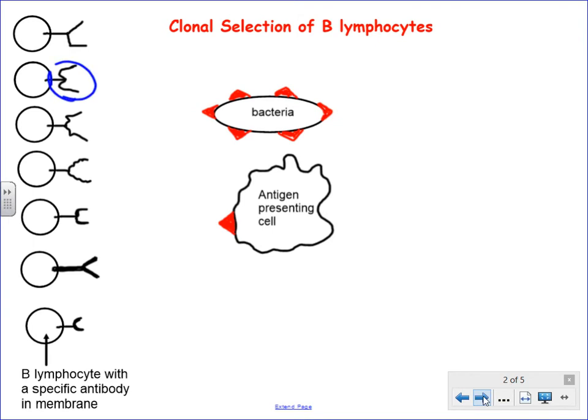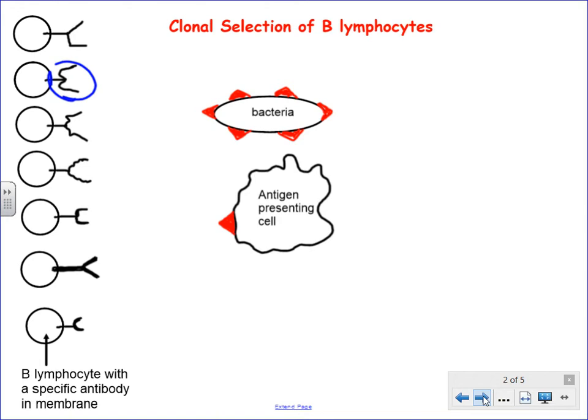I'm showing them with different shapes because each different B lymphocyte potentially will respond to a different shaped antigen, depending whether the antigen fits with the antibody in the membrane.